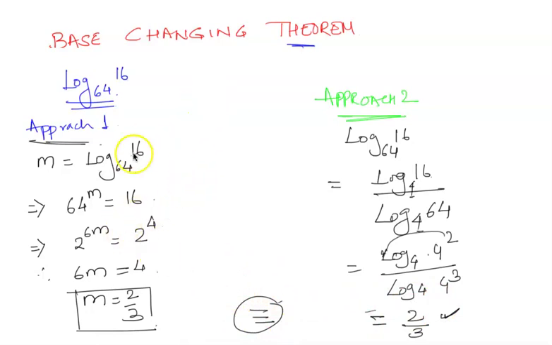Right? So in some sense, if you know the base changing theorem, some of your calculations may become easier. You may not have to deal with very high powers. In this case it was simple, but you can solve it by choosing an appropriate base.